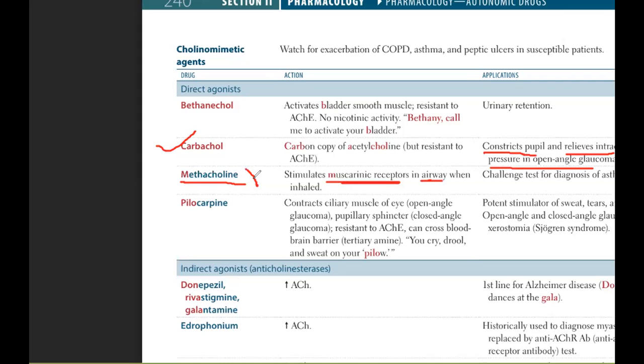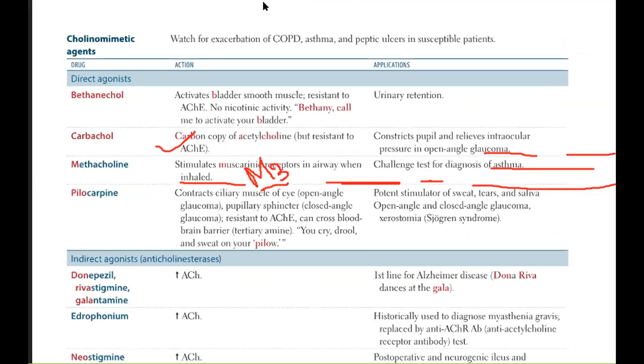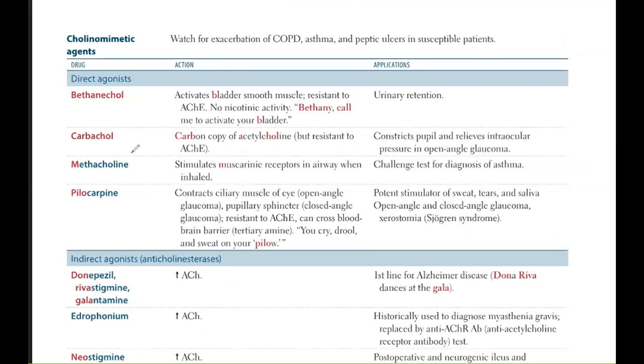So basically they are talking about M3 receptors, because they are present in the airways, in the bronchi and bronchioles. And it is a challenge test for the diagnosis of asthma. So this is very important to remember, that methacholine works on M3, and it is used as a challenge test for diagnosis of asthma.